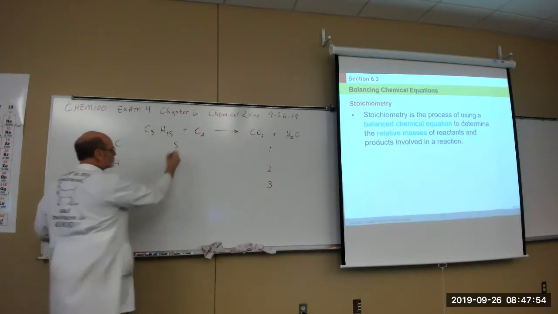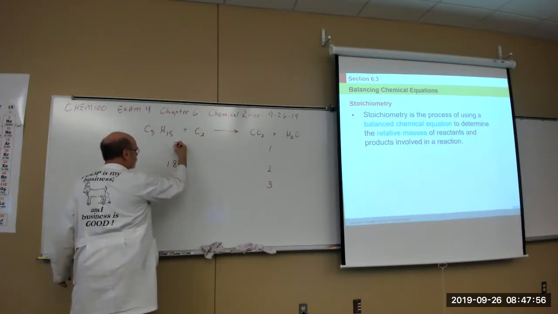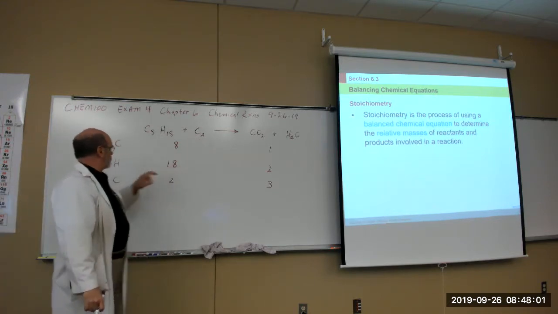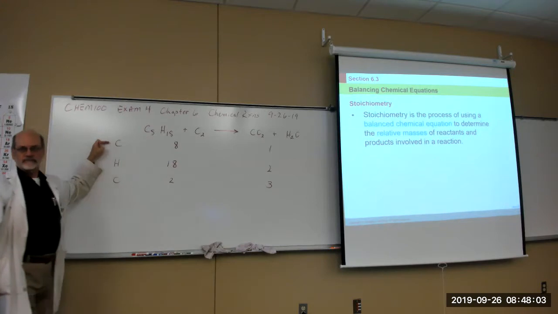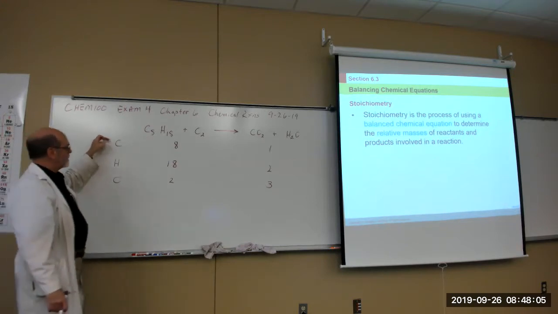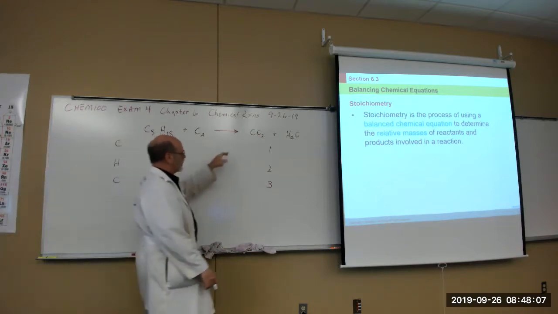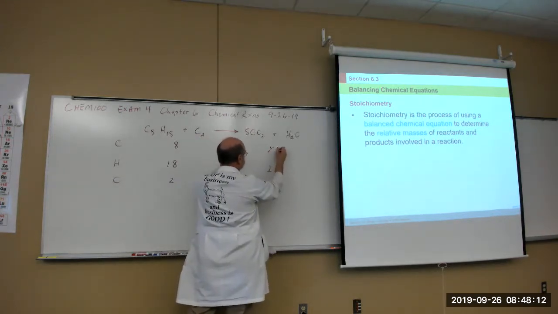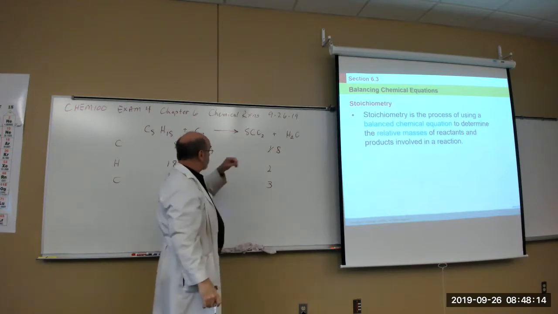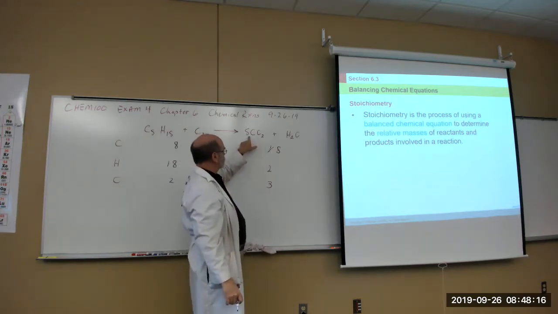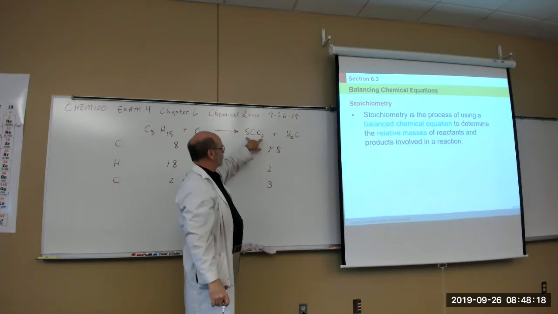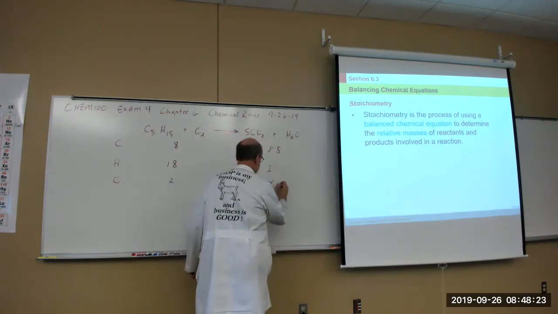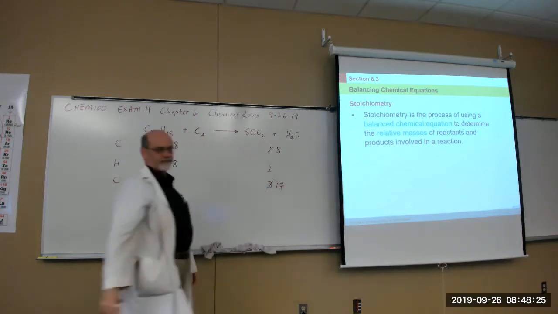But if you don't know or don't remember where to start, just hold that one out and start with the first one. So if we've got 8 carbons here, we want 8 carbons here. That gives you 8. But it affects the number of oxygens too. So we have 2 times 8 is 16, plus 1 is 17 oxygen. Okay?